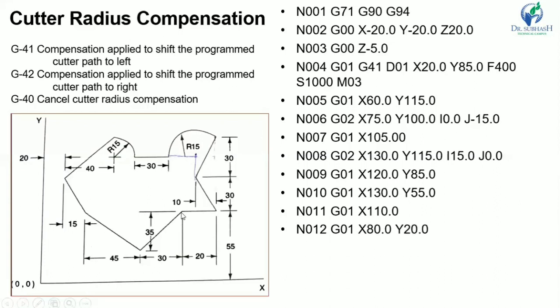Then X80 and Y20, from this line to this line. Then X35, Y55, again from here to here. Then X20, Y85, so it will again be here.